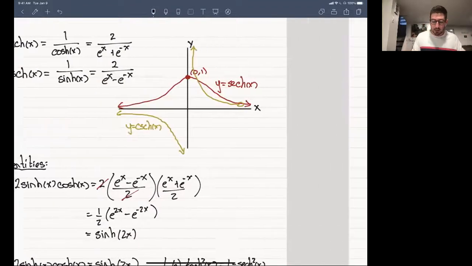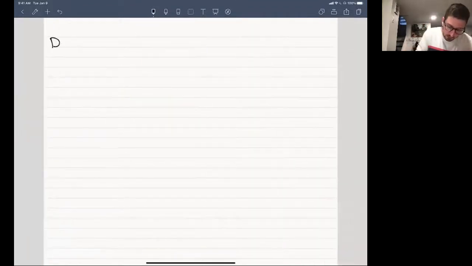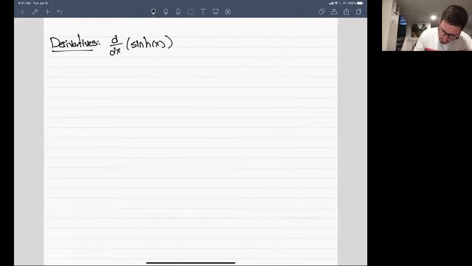So let me lead by example. Let's do the derivative of sinh of x. So d dx of sinh of x. Well, of course, sinh is just a placeholder, so we should actually put in what this function actually is.